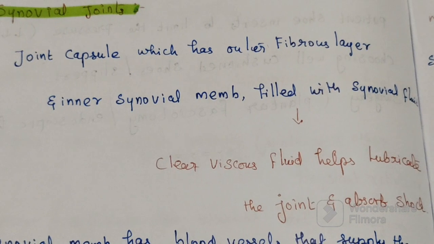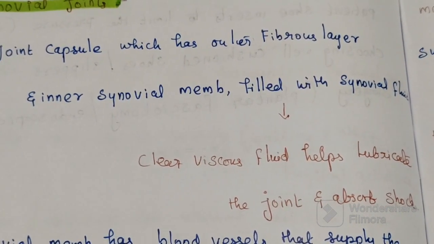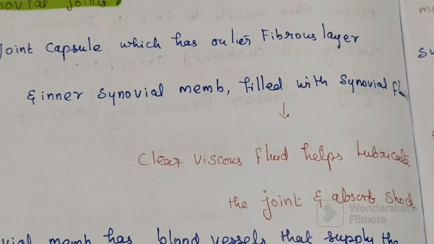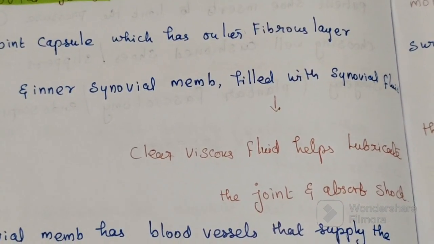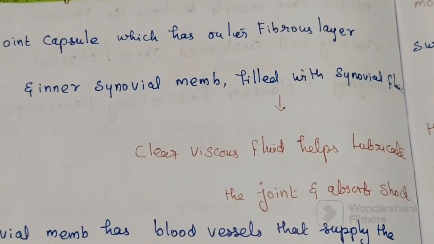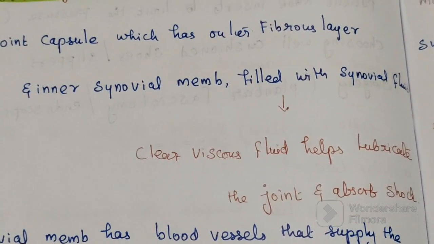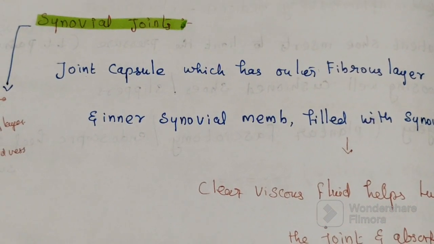The synovial fluid is a clear, viscous fluid that looks like the white of an egg, and it helps lubricate the joint and absorb shock. So here we are discussing the synovial joint.